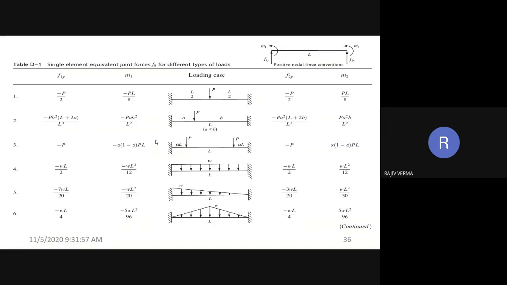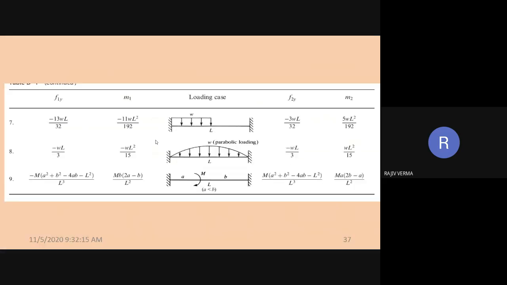We have 6 cases of loading being converted to discrete loads in the present slide, and another 3 cases in the next slide, which is on display at the moment.